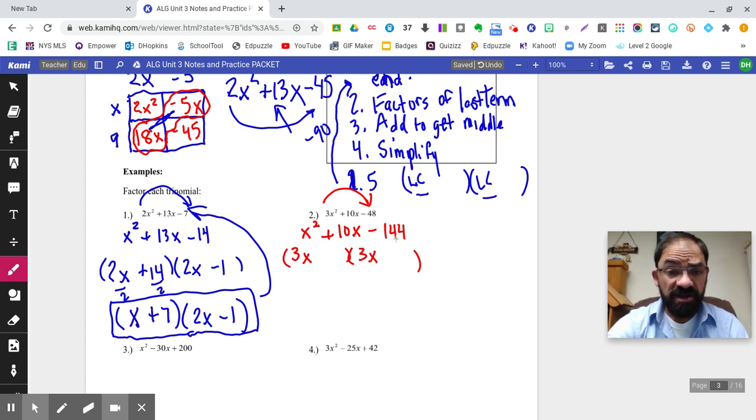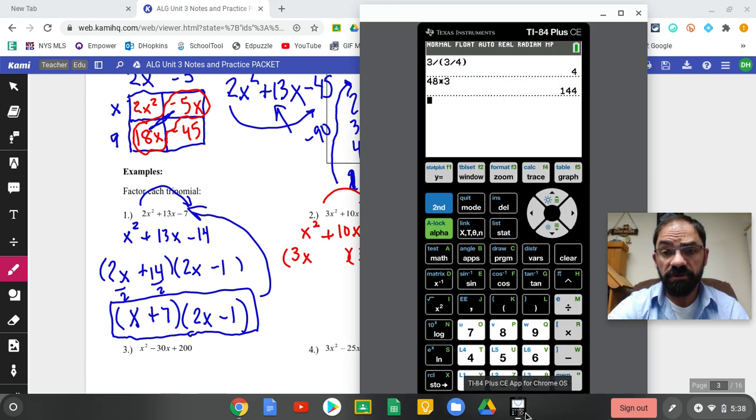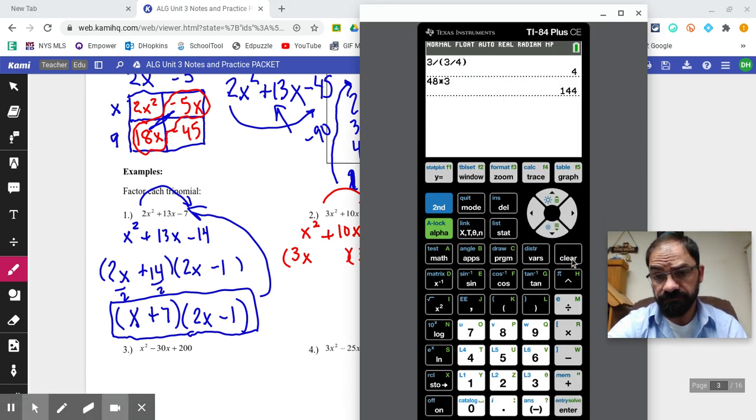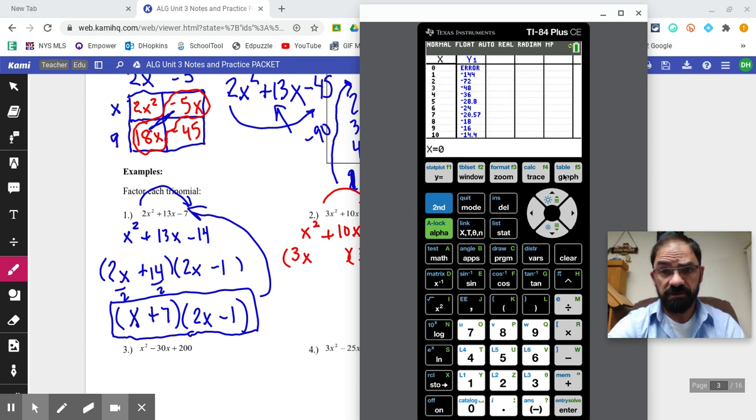So now we need factors of negative 144 that add to get 10. One way to find factors is to go to y equals, take negative 144 and divide it by x. Then we'll go to our table, second graph.